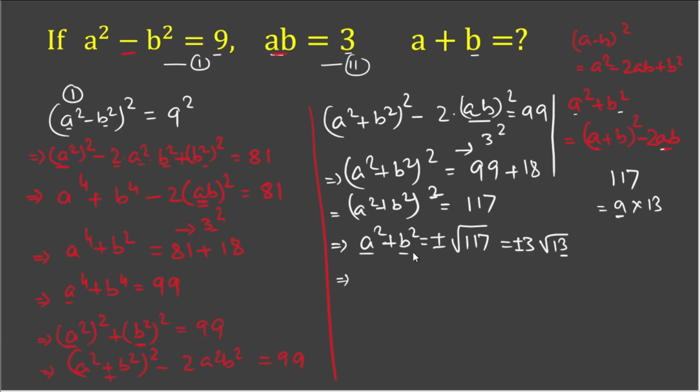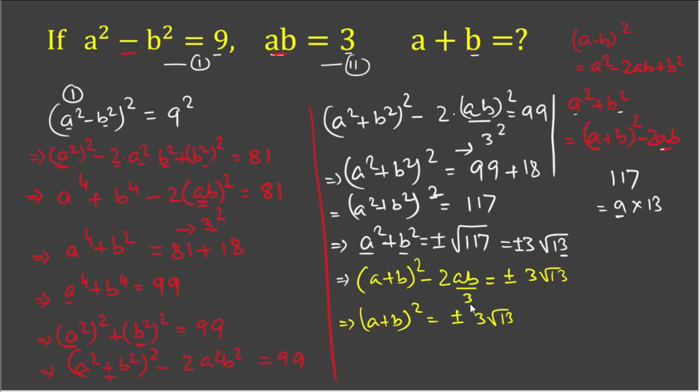Now this a square plus b square we can write as a plus b whole square minus 2 times ab, and that is equal to plus minus 3 square root 13. Now here the value of ab is 3, so we can write a plus b and whole square, that is equal to plus minus 3 square root 13.